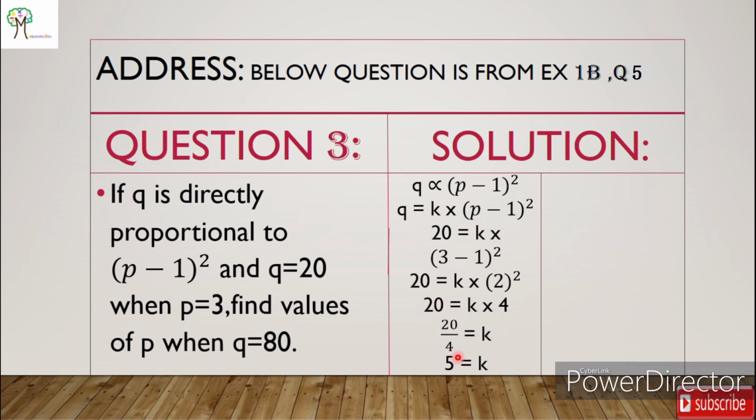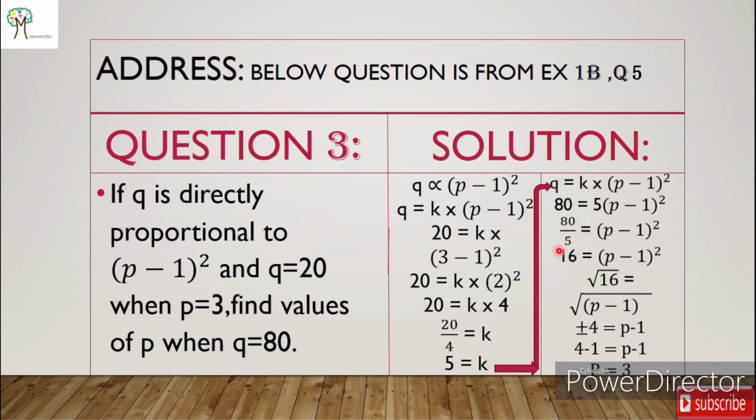Now 4 would come here, cross multiplication, and 20 divided by 4 is equal to the constant, and the answer is 5. Now the constant came 5. Now the other half is here. Q is equal to constant multiplied by p minus 1 square.